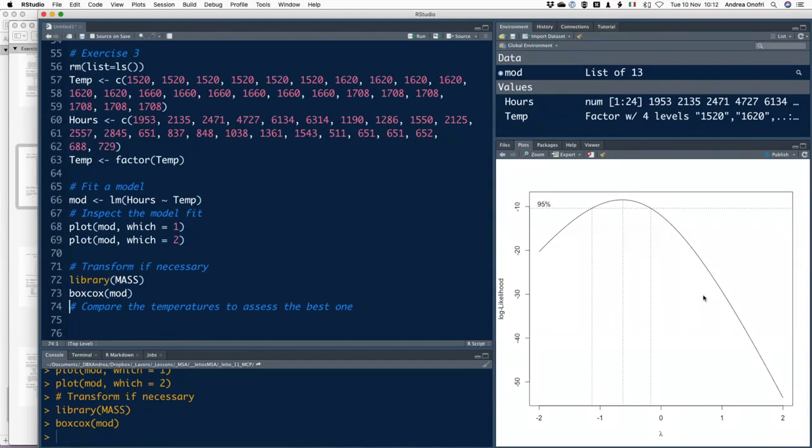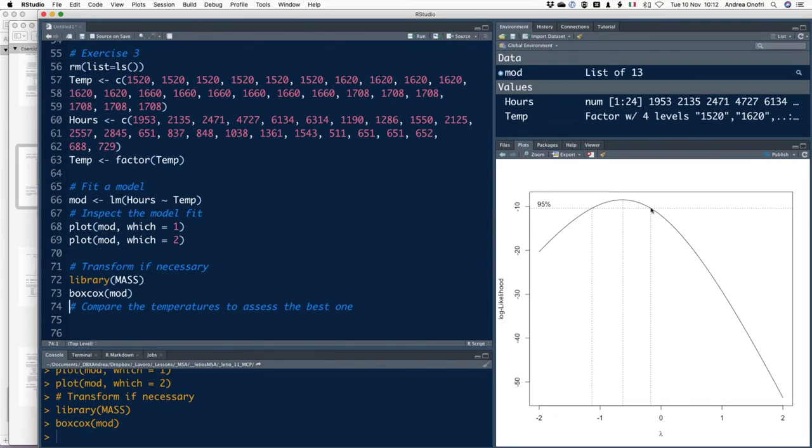That's an unusual situation. The highest likelihood value here corresponds to a lambda which is between 0 and -1.